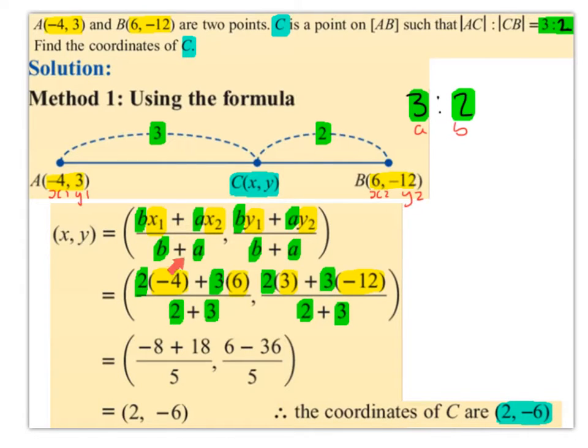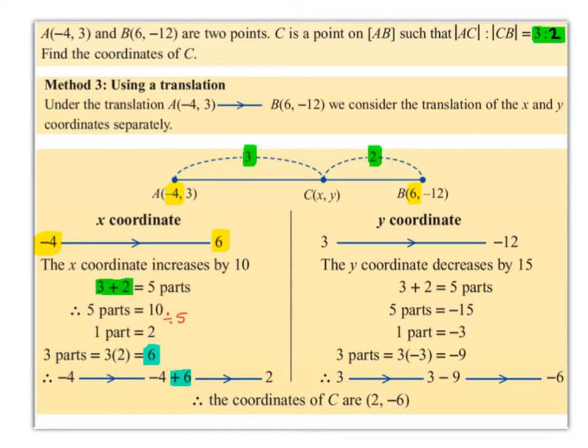And you can put it straight into the calculator if you want, and you'll end up with 2. And again, straight into the calculator, you'll get minus 6. So the coordinates of that point C are (2, minus 6).